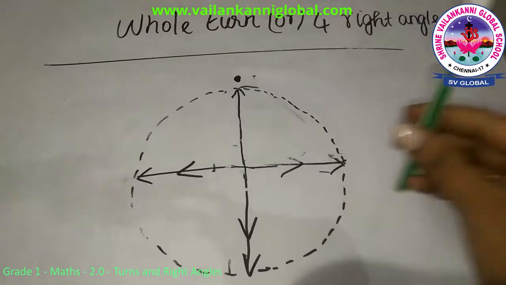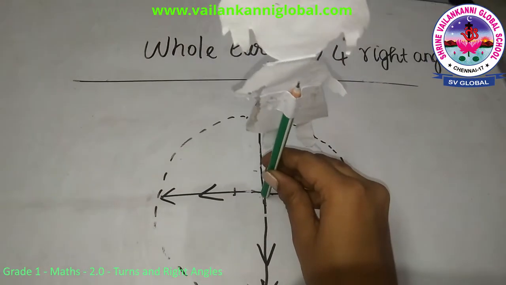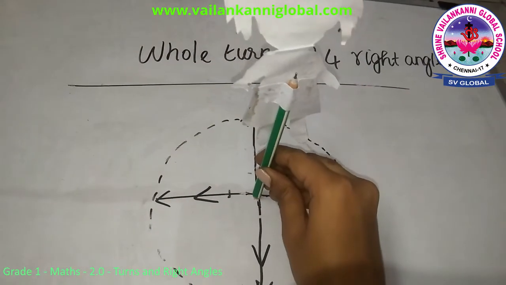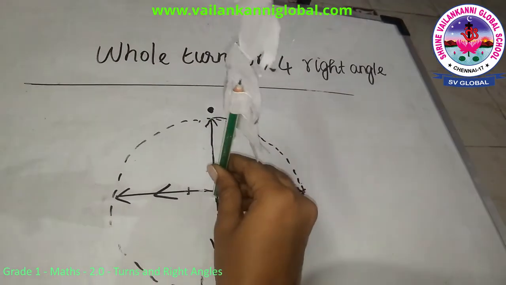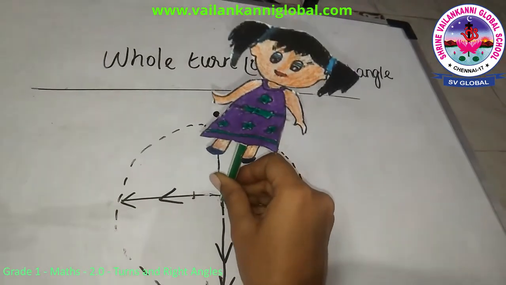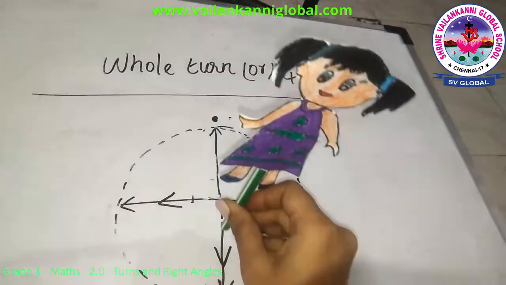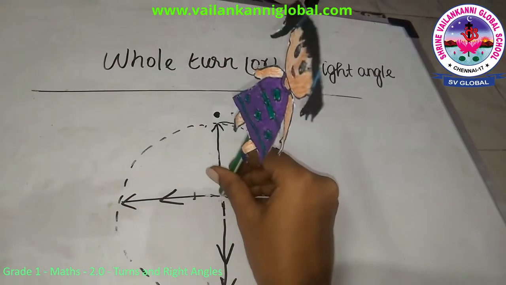So now we are going to see about whole turn or 4 right angle turn. So now Tina is facing this direction, forward direction. So she is going to make 4 right angles. We know one right angle turn means she will face in this direction. Another right angle, which is 2 right angle turns, she will face in the opposite direction. This is 3 right angle turns, she will face in this direction.